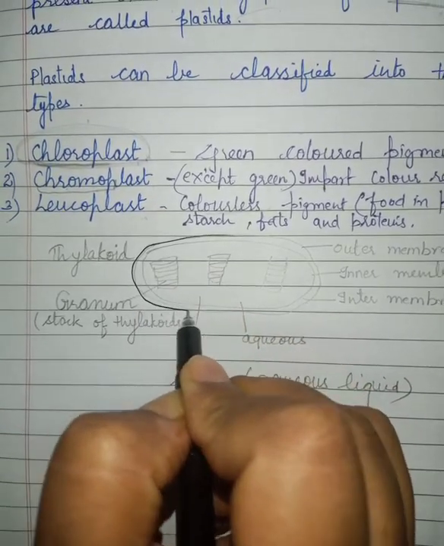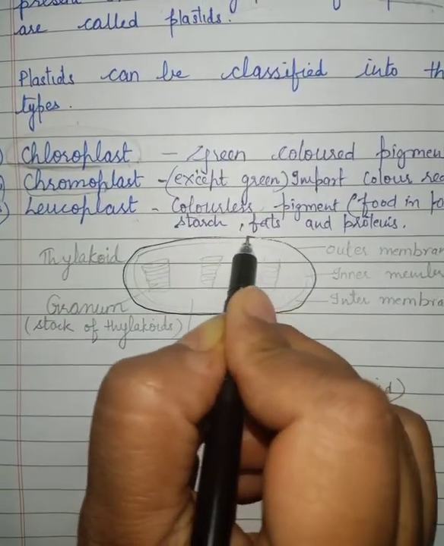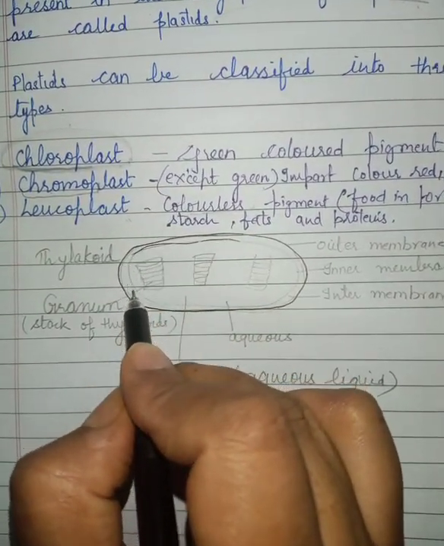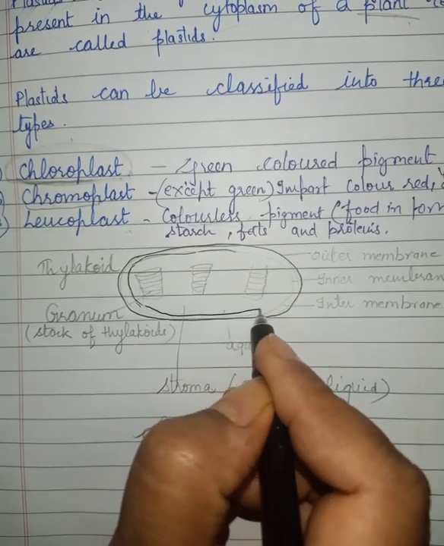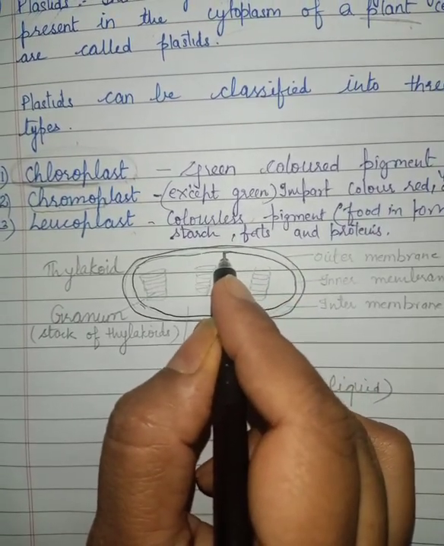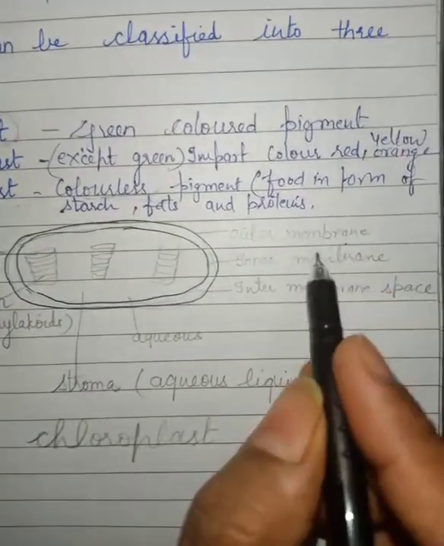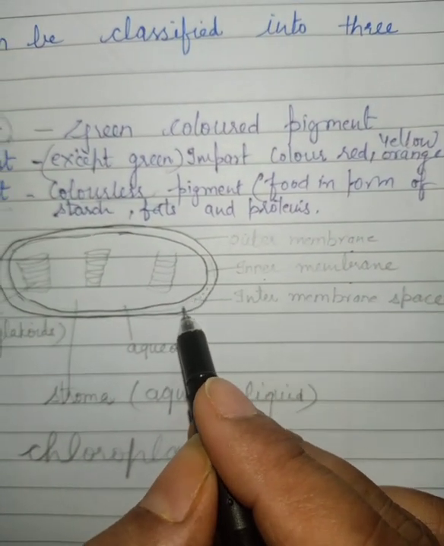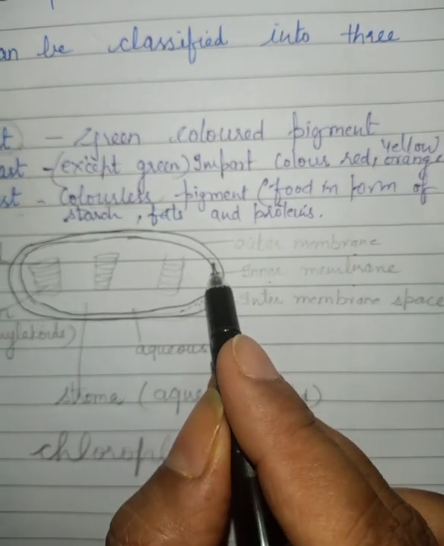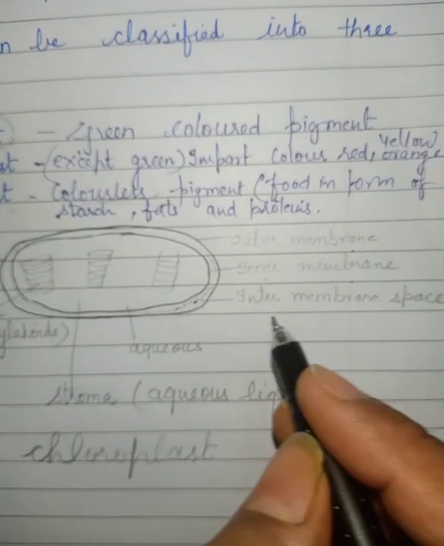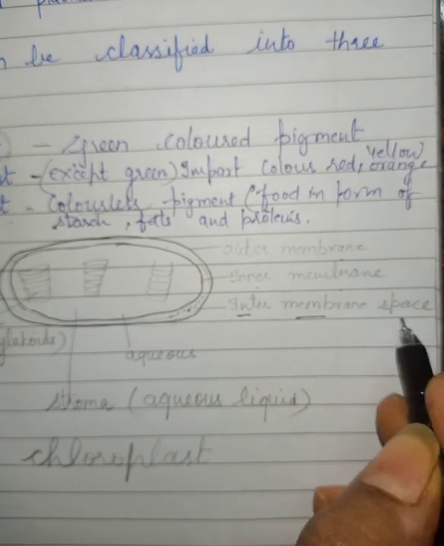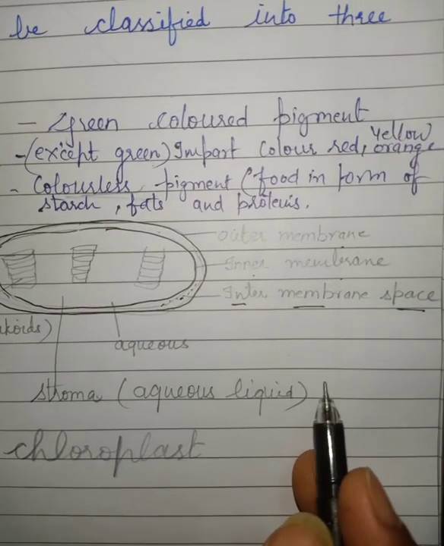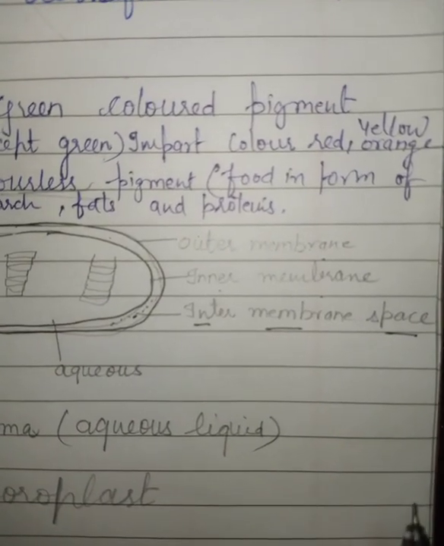As I am drawing it here, you can see chloroplast has two membranes, the outer membrane and the inner membrane. Now you can see in between those membranes there is some empty space. That empty space is called the intermembrane space. Inter means the space present between two membranes is called intermembranous space.